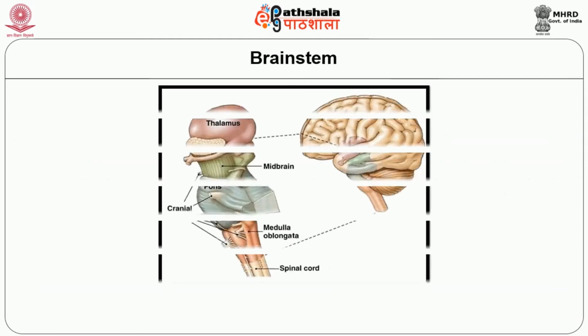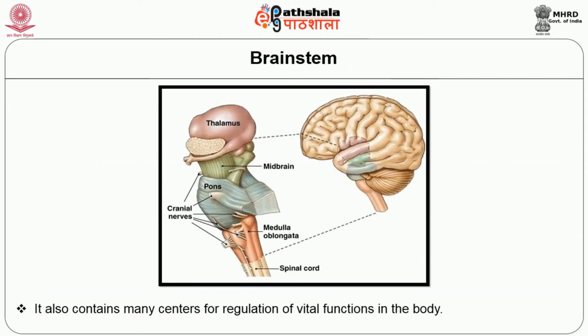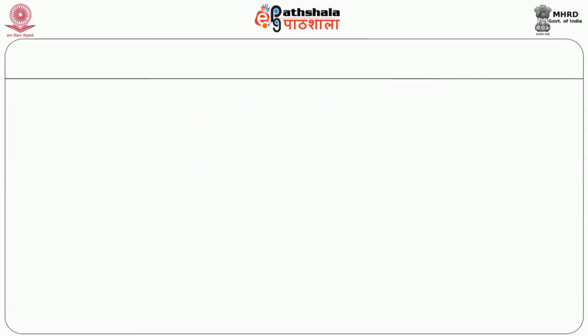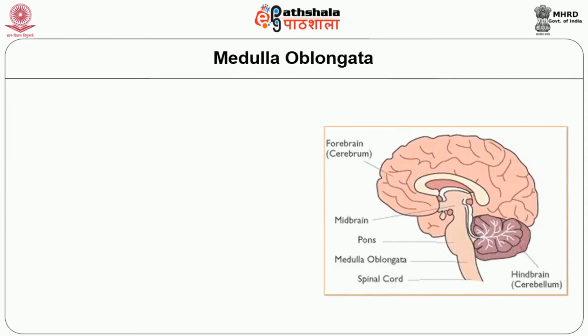Now we are moving on to brainstem. Brainstem is the part of the brain formed by medulla oblongata, pons, and midbrain. Brainstem contains ascending and descending tracts between the brain and spinal cord. It also contains many centers for regulation of vital functions of the body. So what is medulla oblongata?